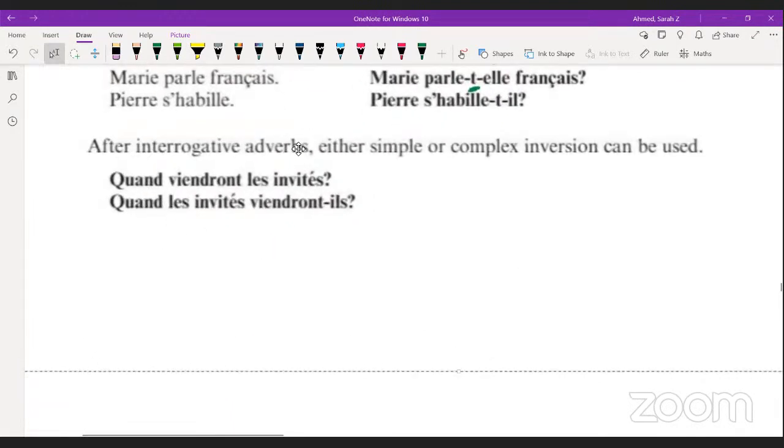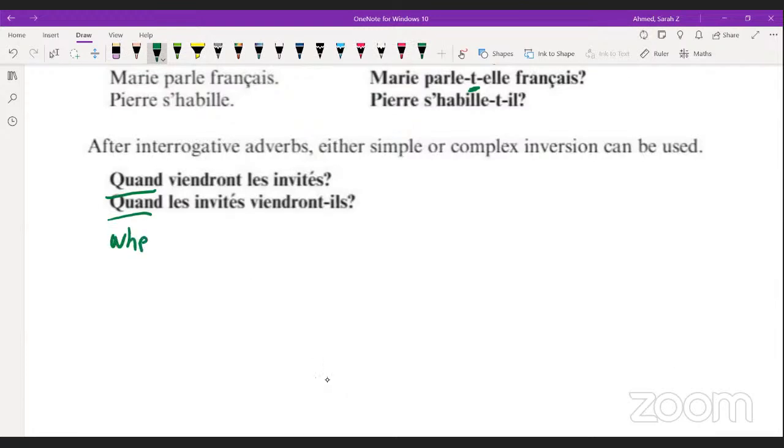So after interrogative adverbs, either simple or complex inversion can be used. Interrogative adverbs will be words like quand, which means when.